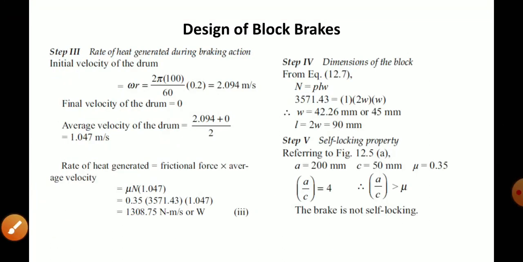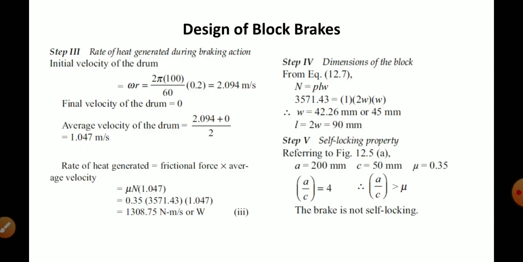Now step number 3, rate of heat generated during braking action. The initial velocity of the drum is equal to omega into R, where omega is equal to 2 pi N divided by 60, into the radius 0.2.